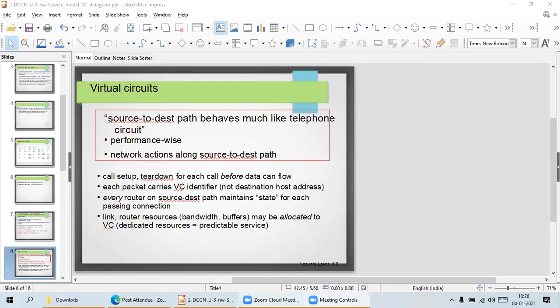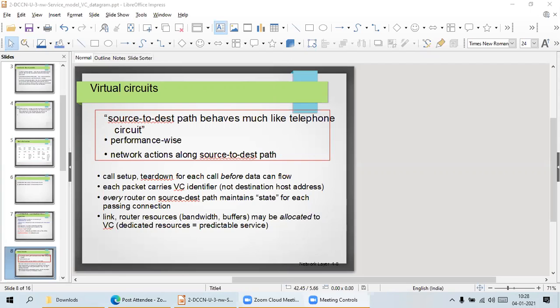Link and router resources, bandwidth and buffers, may be allocated to the virtual circuit. Okay, some bandwidth must be allocated to each and every virtual circuit. Dedicated resources mean predictable service. That means whenever a call connects from Hyderabad to Vijayawada, it will take some bandwidth.